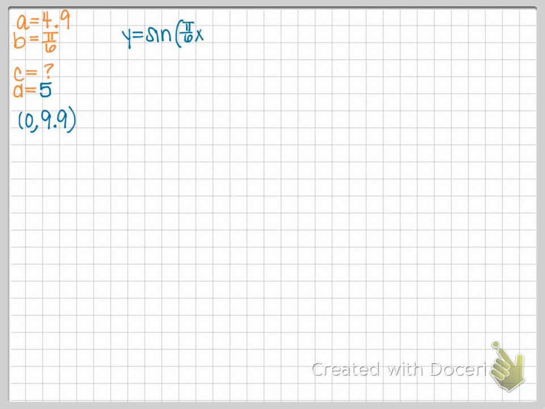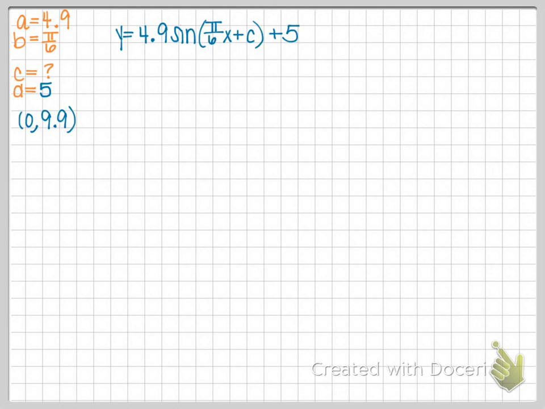Oh my gosh, I totally forgot to put other things in. Okay, let's just start over. Sorry, there's a reason I'm at home sick. Okay, y equals 4.9 sine of pi over 6x plus c, plus 5.